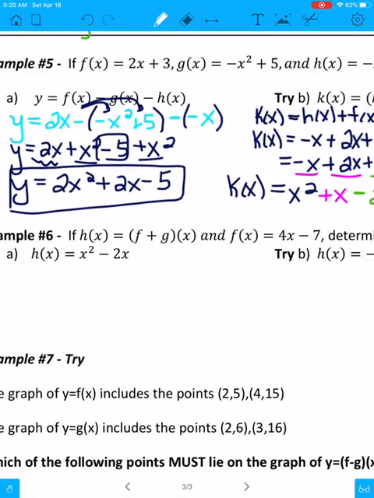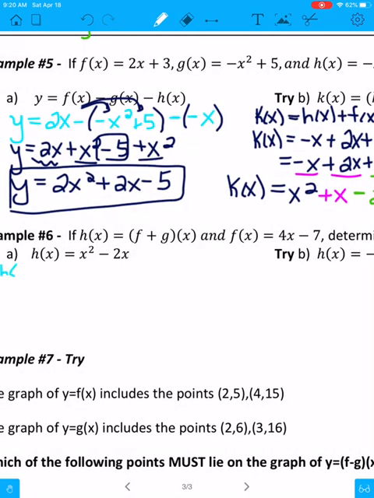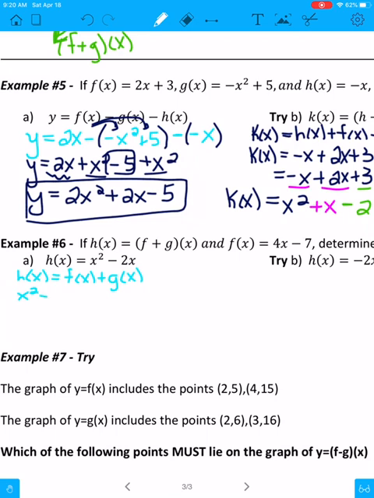H of x equals f of x plus g of x. H of x is x squared minus 2x equals 4x minus 7 plus g of x.